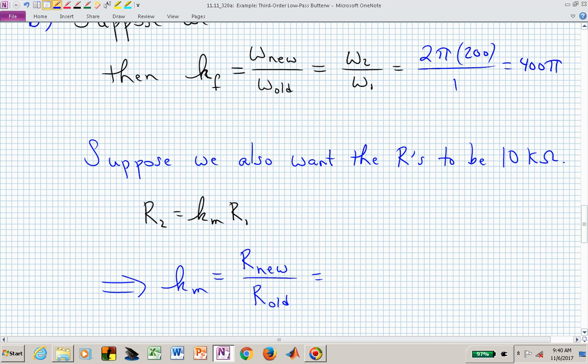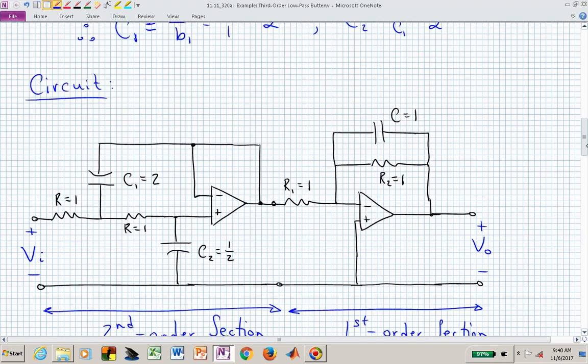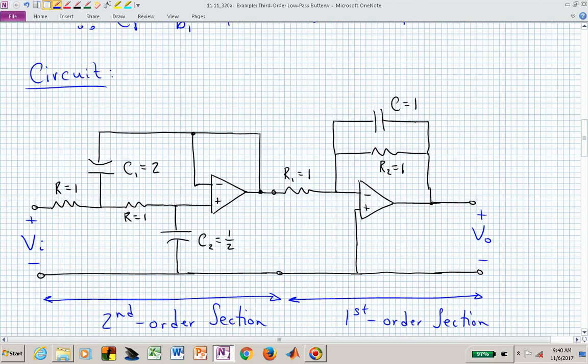So let's talk about R new over R old. R new, we want those to be 10K, and our R old, all of those have been 1 ohm. So now we have a magnitude scaling factor of 10,000. That means in our circuit here, where R1 and R2 in this case are both 1, they get scaled the same.